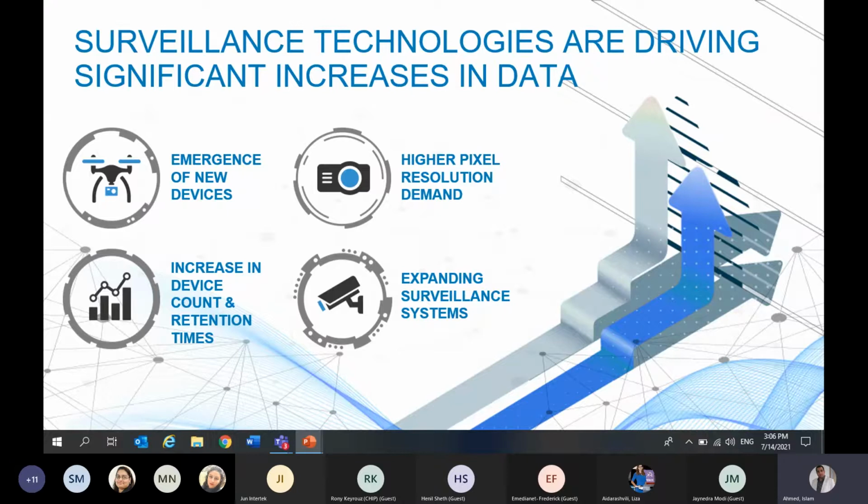The third trend is the number of cameras. How many cameras do people use right now? There is an increased camera count with larger video retention times. It's not only the number of cameras that increased, but also retention times, especially in the public safety industry.